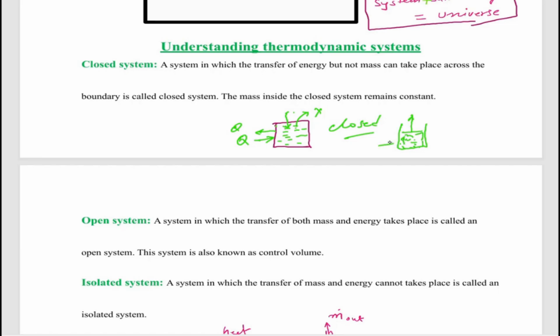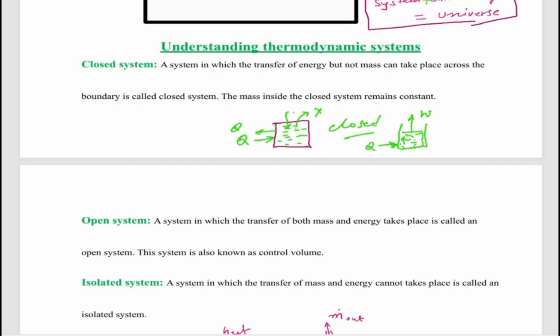Here heat may go into the system, and we can get some work also, and there will be some change in its properties, right? So this system is also an example of a closed system.